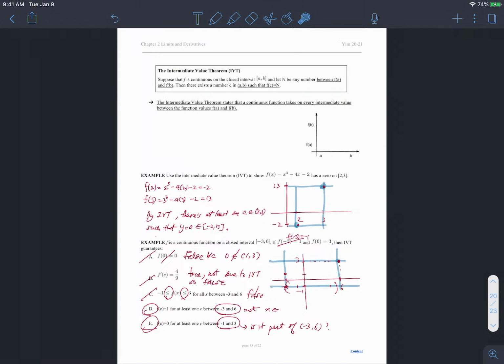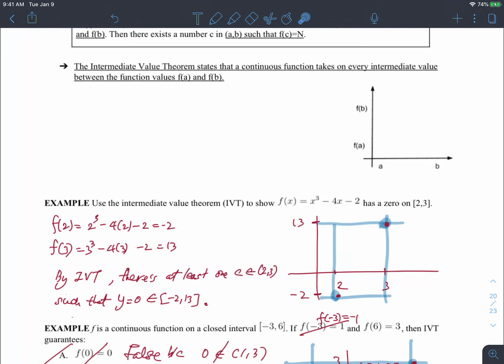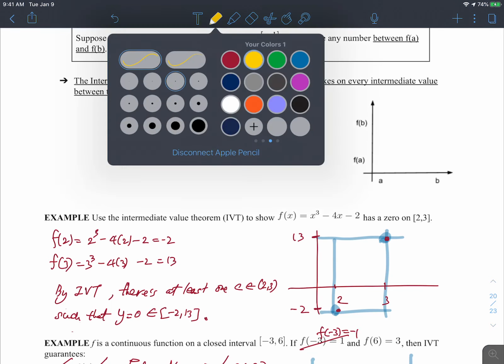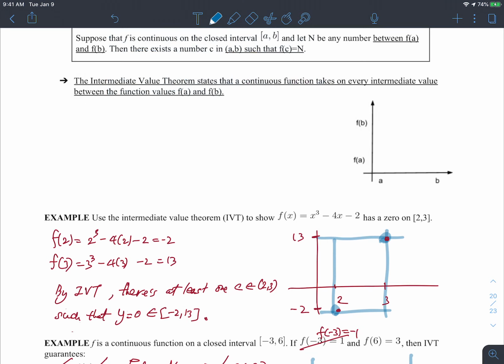Okay. So for this particular example, the key word is continuous.